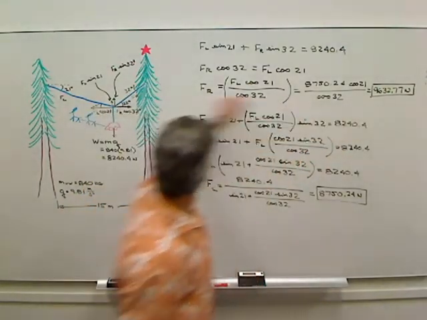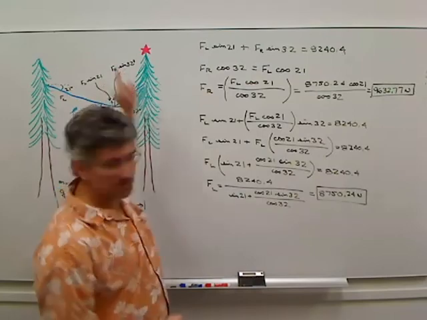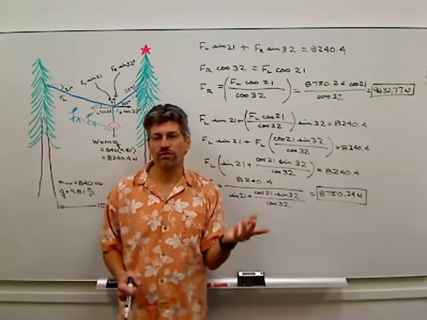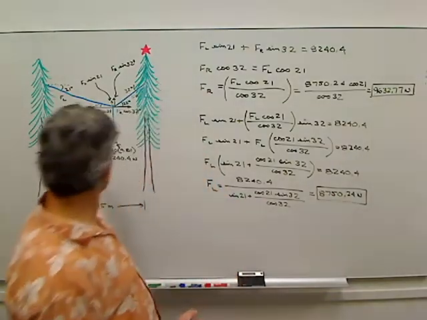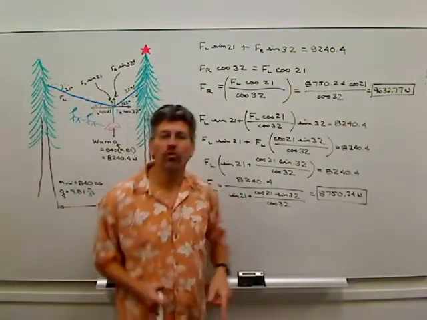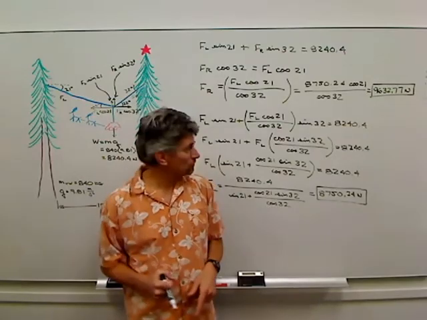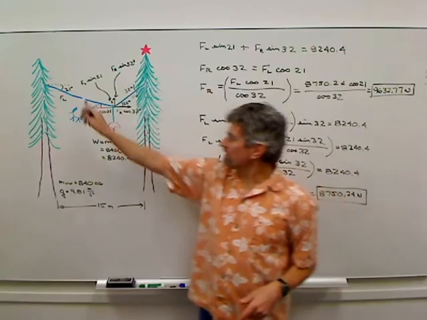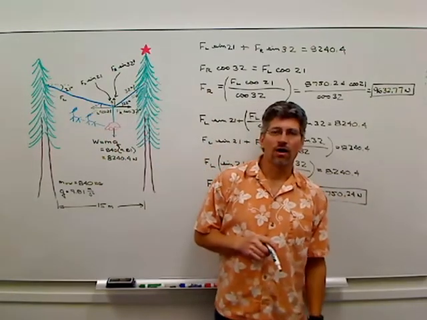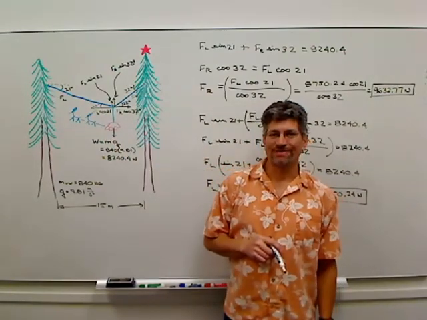Take this one, the right-hand force, plug it in here, times sine 32, you get 5104.59. You add those two together, you better get 8240.4, and indeed you do. So, there you have it, the tension in the cables on the two pine trees.